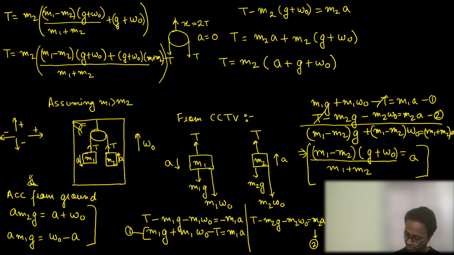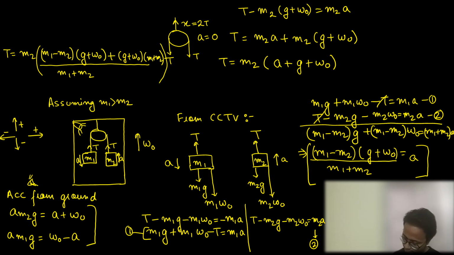Out here, can I take g plus omega naught common from both? This is just equation solving. So T is equal to m2 into g plus omega naught into m1 minus m2 plus m1 plus m2.